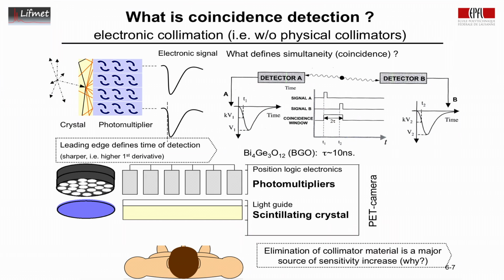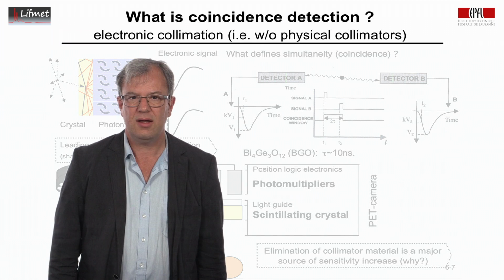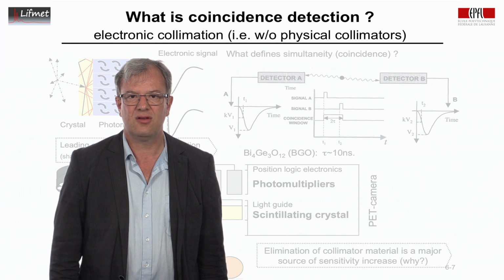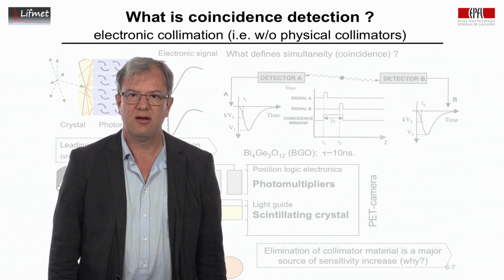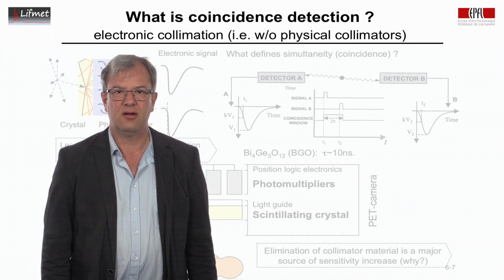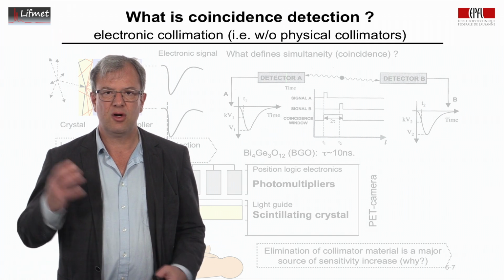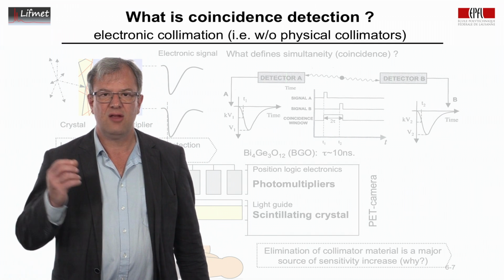So what is the consequence of not having the need for collimators? Well, one consequence is an increase in sensitivity. Now, why is this so? Let's think about it. Why are we getting an increase in sensitivity if we do not need collimators? Remember, the process of collimation is brute force.